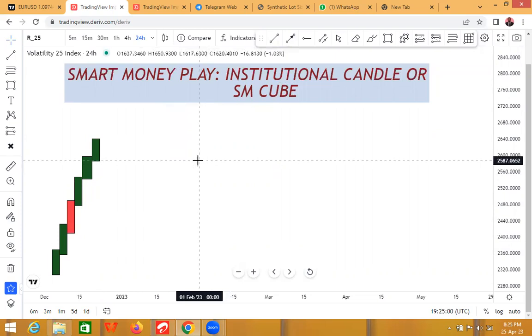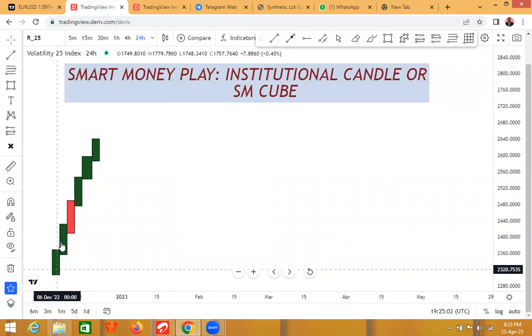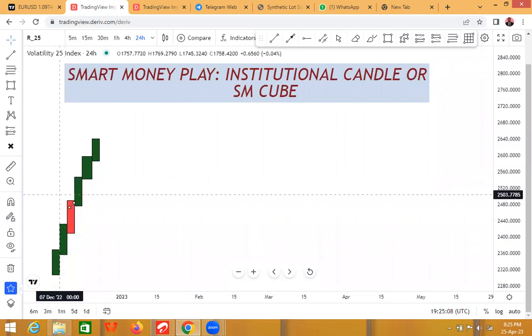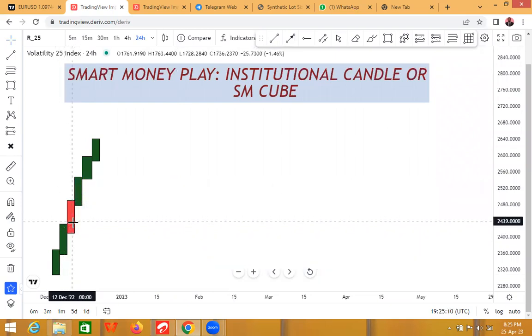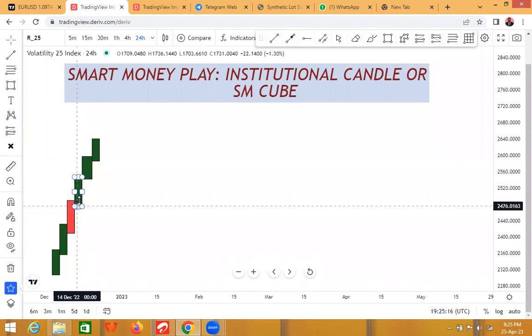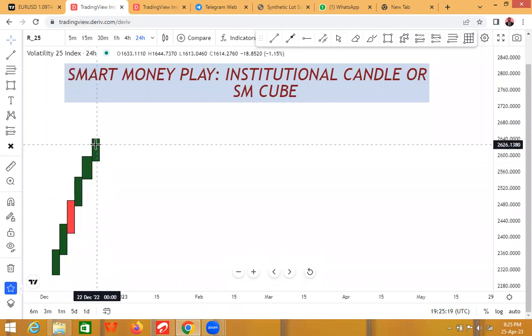What can you find? You have bullish candles moving up, so you expect the market is still buying. All of a sudden, you see this one bearish candle in between the bullish candles. And after that bearish candle, there are consecutive bullish candles more to the upside.